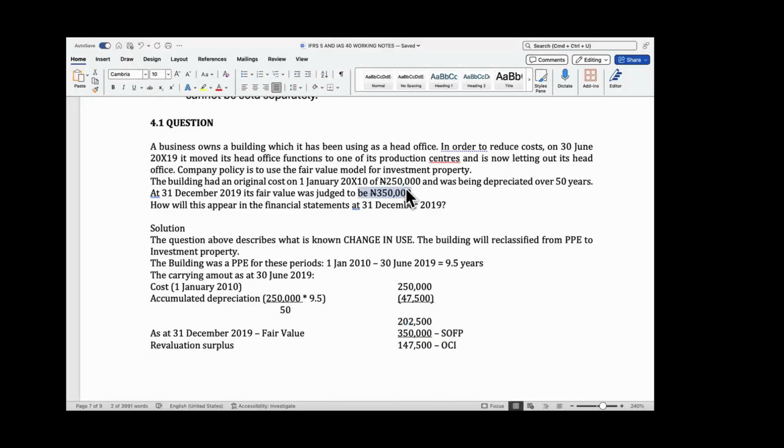If you are changing use, and that new investment property will be measured at the fair value model, you have to revalue that asset at the date of change in use. And it makes sense. Since it's the fair value model you want to use, it's expected that you go and fair value it, right?